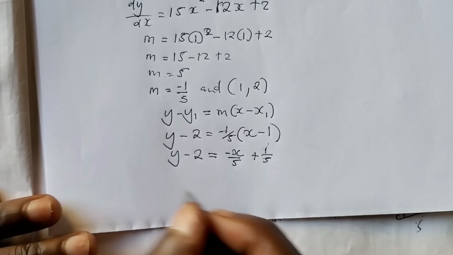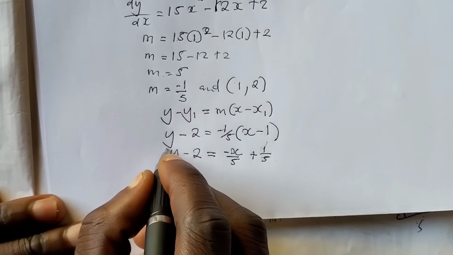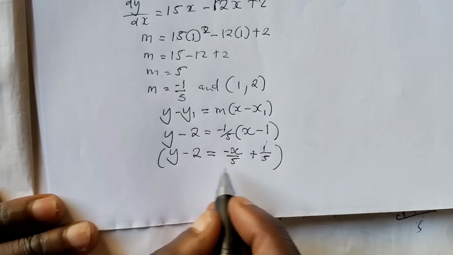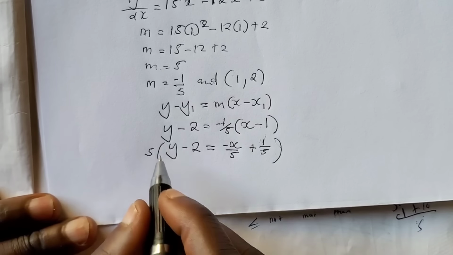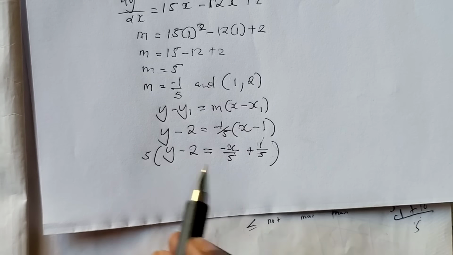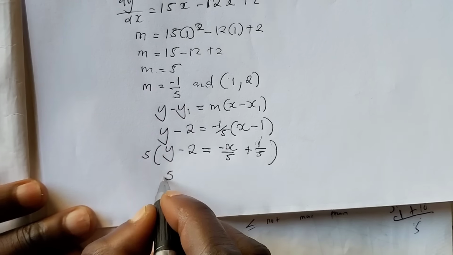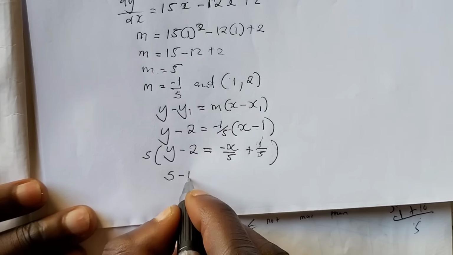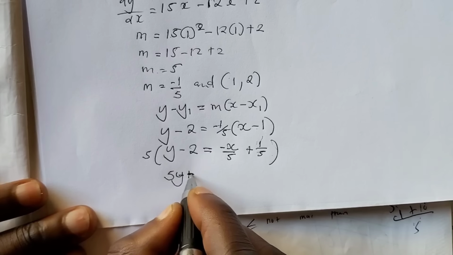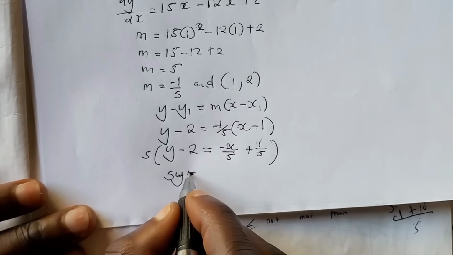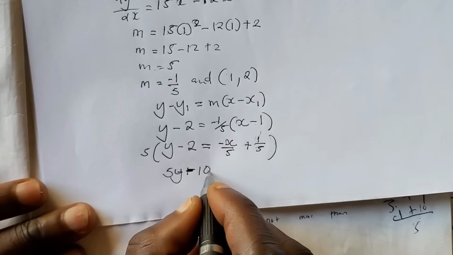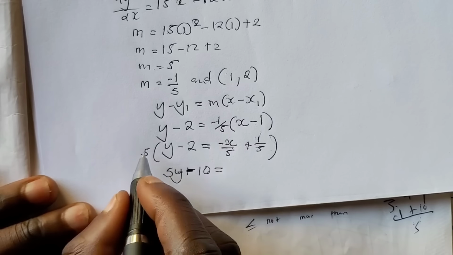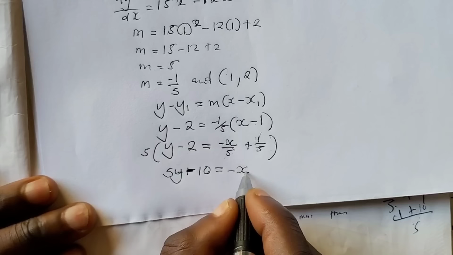This will give us help. Let's break it. So we're going to multiply this. What's the denominator of the fraction? 5. So we're going to multiply everything by 5. What is 5 times y? 5y. Then 5 times -2 is -10, is equals to, 5 and 5 will cancel, just remain with -x.